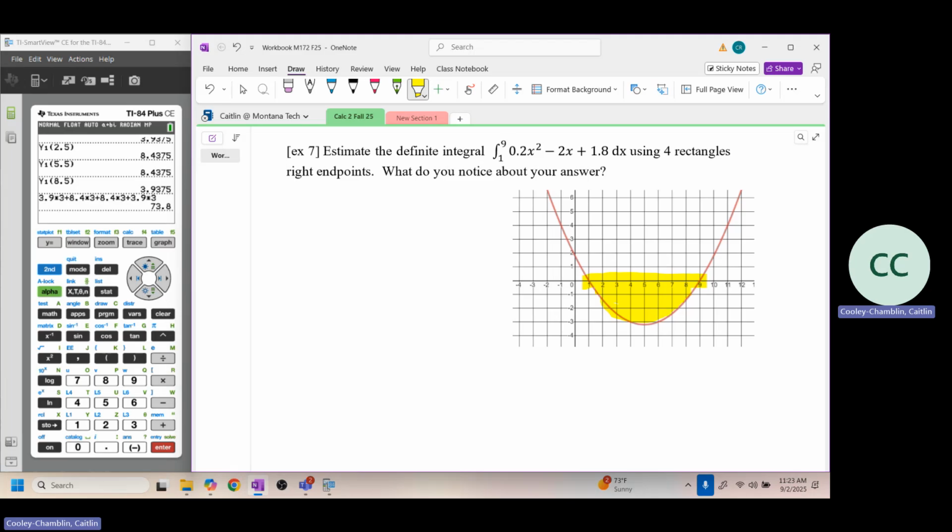Okay, so we want this area, maybe not so much over it. I was using a highlighter tool that, there we go. That's a little bit better. So we're going to use right endpoints.